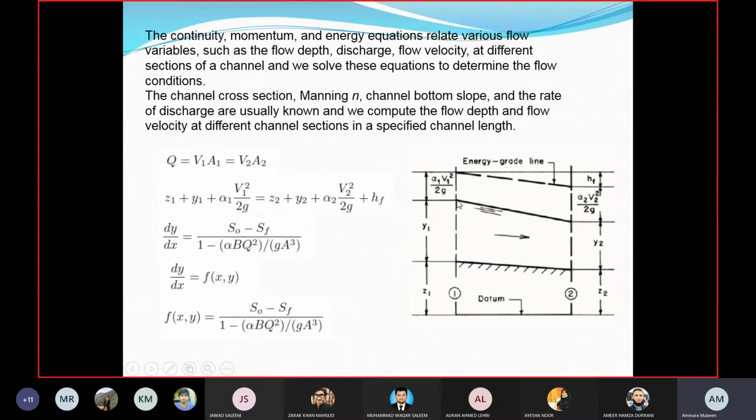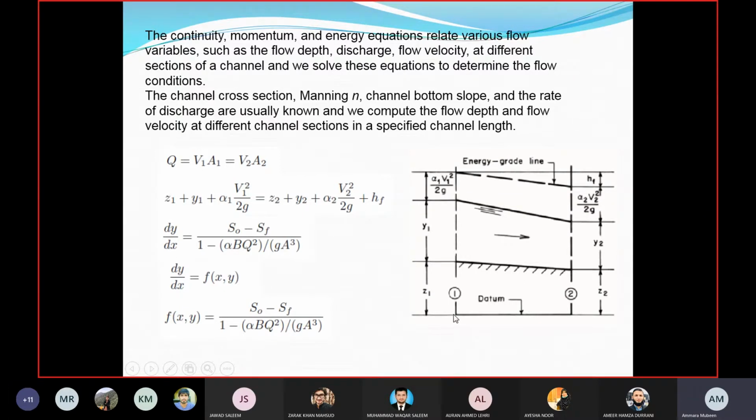Then this would be the depth of the fluid in an open channel. At section 1 it is Y1, so this depth represents the pressure head at this section, and the distance between the hydraulic grade line, or water surface, and the energy grade line gives you the velocity head.